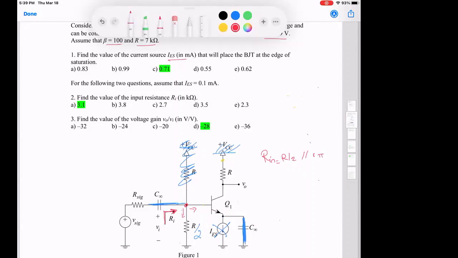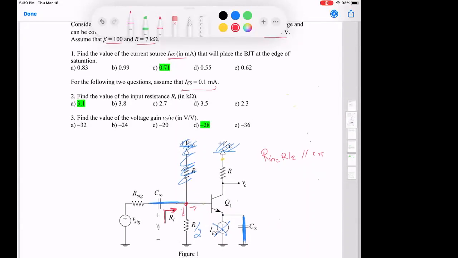I have beta, and if I have IES, I can find IC, and I can find IC over VT. So I can find gm, and we know that gm R pi equals beta, so I can find R pi as beta over gm. And I can plug it here and find Rin.